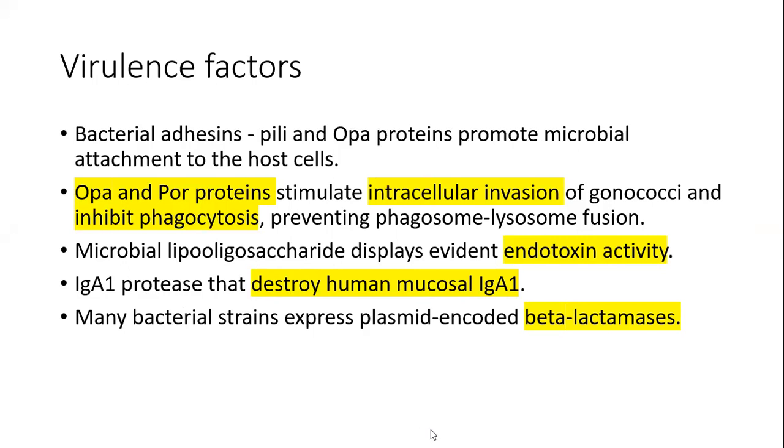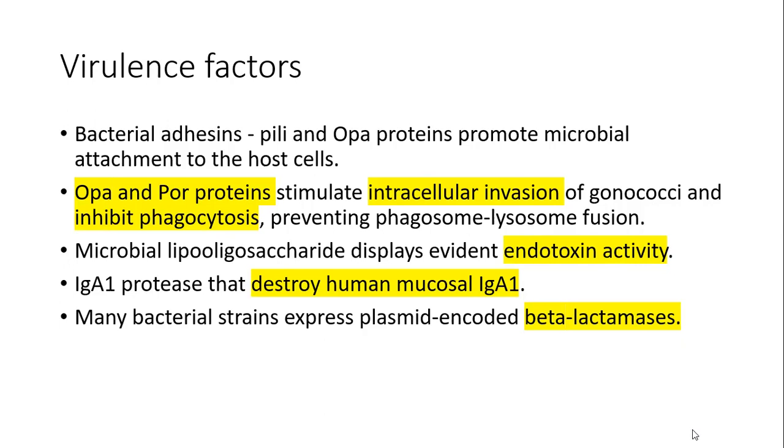Also, microbial lipopolysaccharide displays evident toxin activity, but not like the toxic activity of enterobacteria or Neisseria meningitidis.